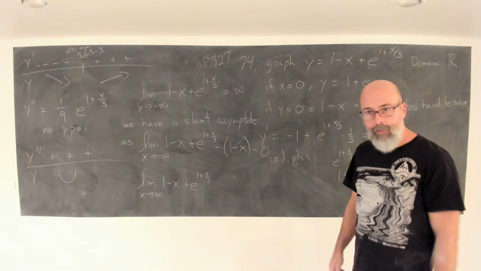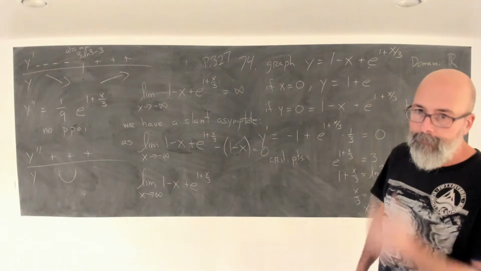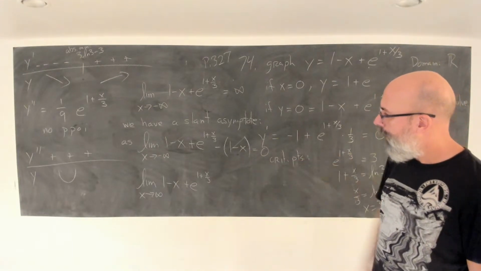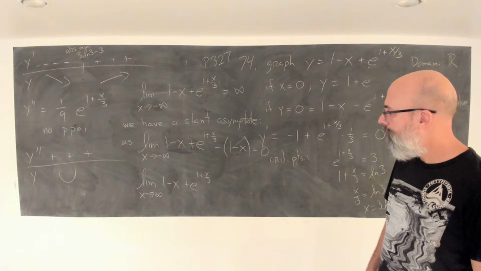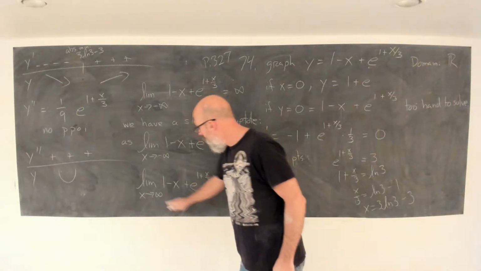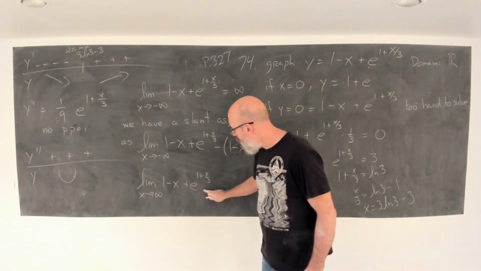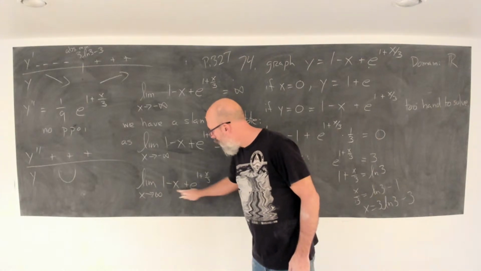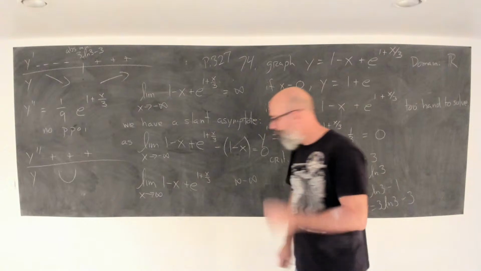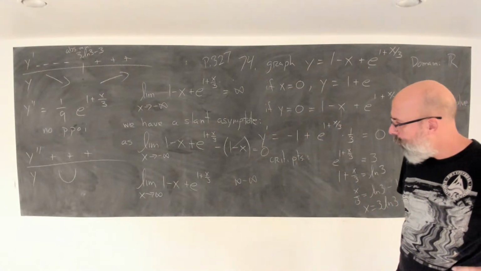Long answer, sometimes it's hidden and you don't see it. I'll give you an example in a moment. What happens here? As x goes to infinity, this goes to infinity, e to the infinity is infinity. This goes to negative infinity, so now you have infinity minus infinity. Absolutely, Michael.